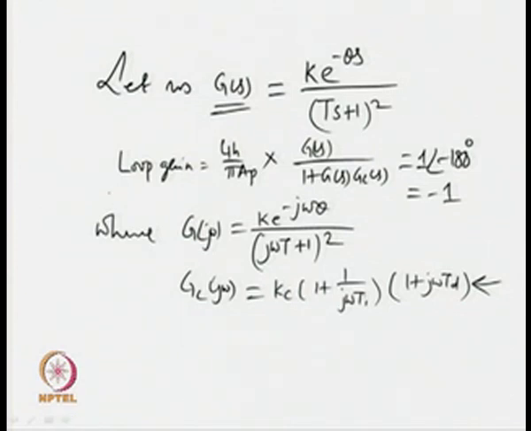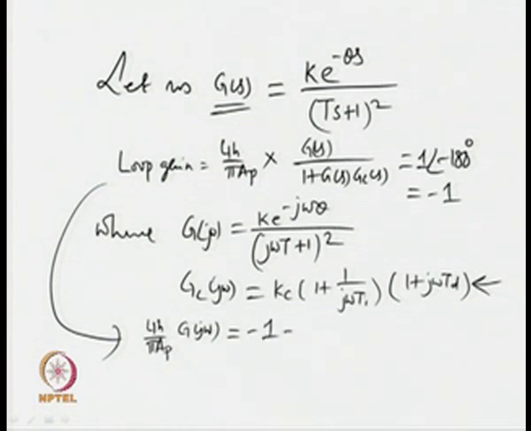Again, please do the analysis of this expression, which will give us 4h upon pi a p. Keep G(s) on one side. I will directly write G(j omega) in the frequency domain. So, G(j omega) = -1 - G(j omega) Gc(j omega).